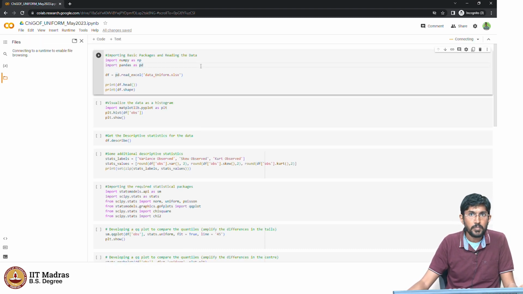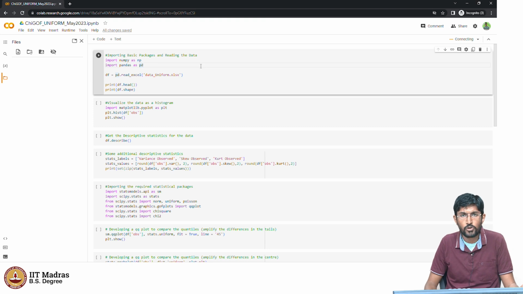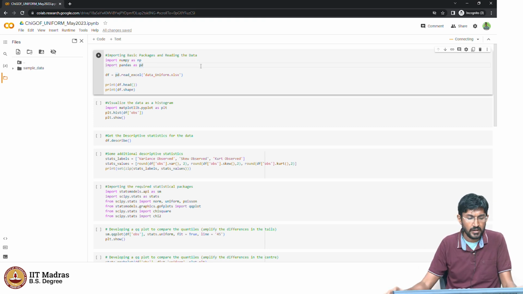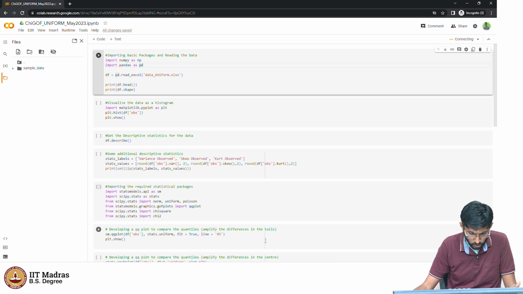So in the first step, in any tool that we are going to use, we need to load the necessary packages, the basic packages, and then the data set. So let me just load the data set into this tool.